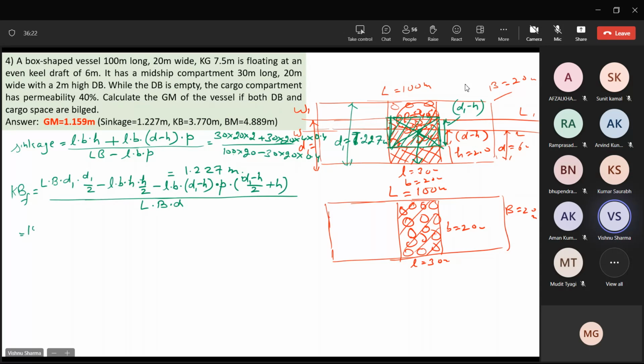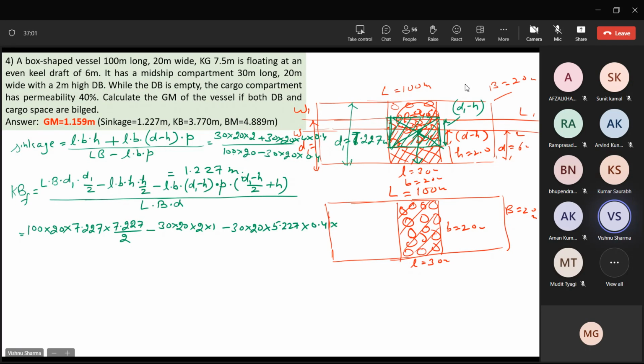Now I put the values: 100 into 20 into 7.227. You write like this and then pick up the calculator and in one go write the answer. Minus 30 into 20 into 2 into 1, minus 30 into 20 into D1 minus H, which will be 7.227 minus 2, so 5.227, into permeability 0.4, into the lever.